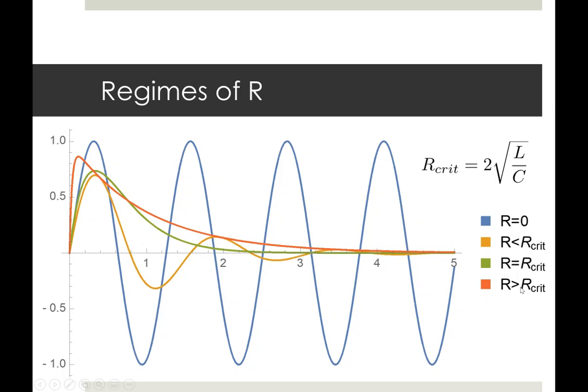And then as you go further, it's the same behavior, but now taking longer and longer because you're slowing down the rate at which it can even get back to equilibrium in the first place. The transition from one to the other is at 2 times the square root of L over C. Not a value that I intend for us to use, but it's something that you can have in case you need it in other applications. But we're staying pretty much qualitative here.